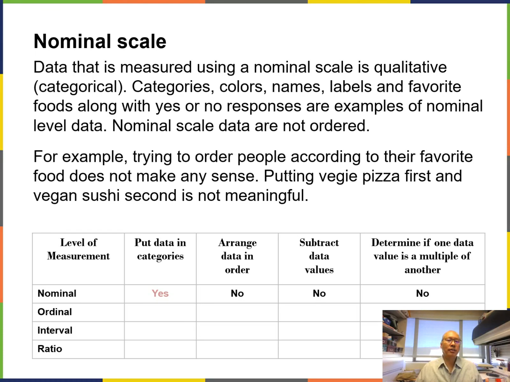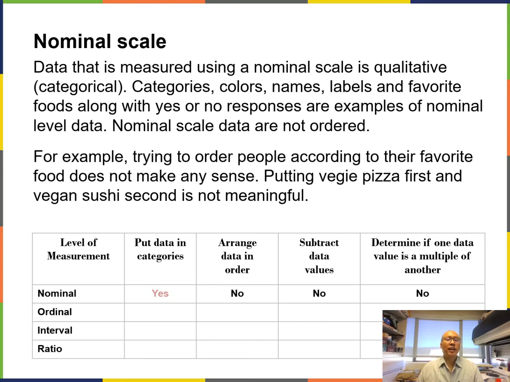Subtraction is going to require you to have quantitative data, and since we're talking about qualitative data, we don't even deal with that. And same for that last column where they talk about the data being a multiple of another. We definitely can't do that because our data is categorical and non-numeric.